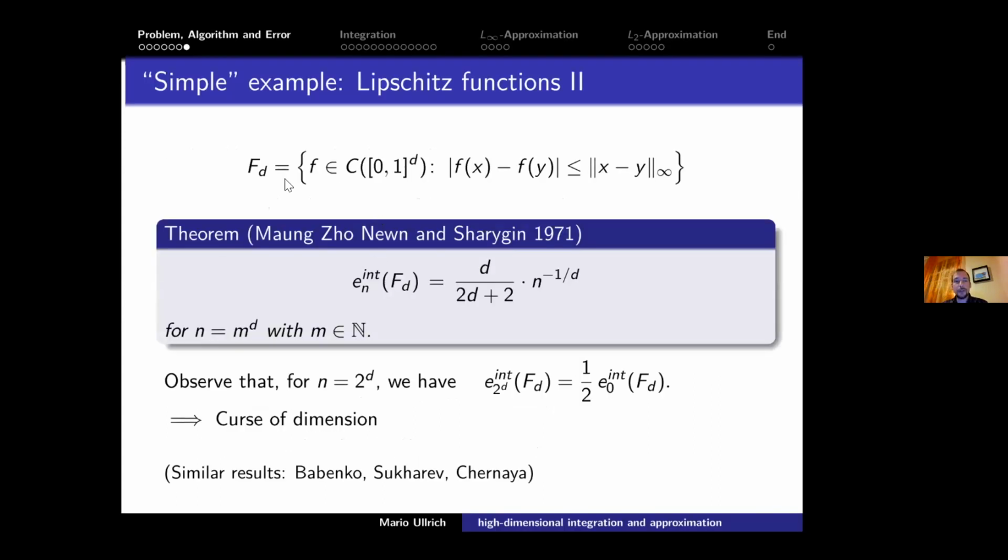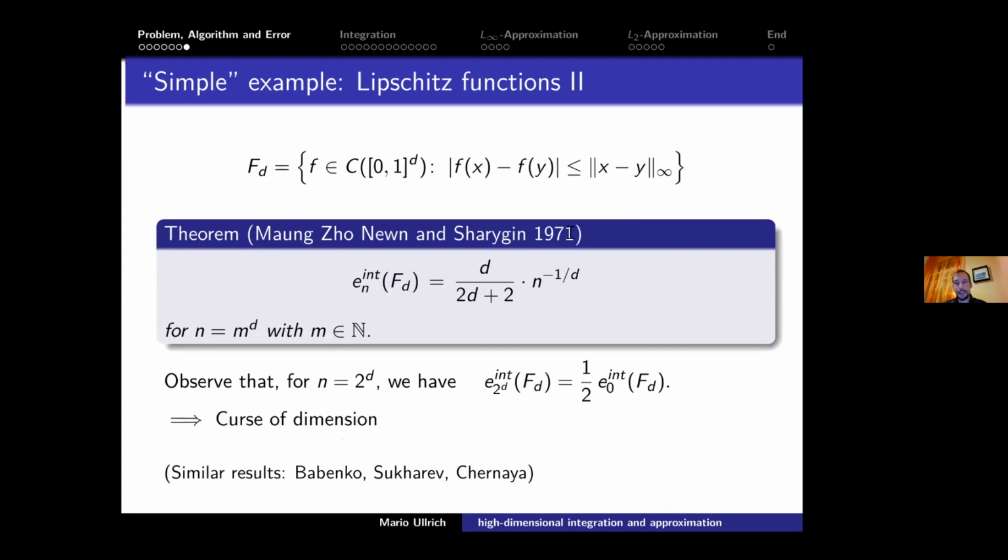Now if you come to the d-dimensional example, you take all continuous functions on the unit cube. As we just heard, F_d is a whole class; for every d, we define this class here. Now we take Lipschitz functions with respect to the supremum norm. As I said, only an example.